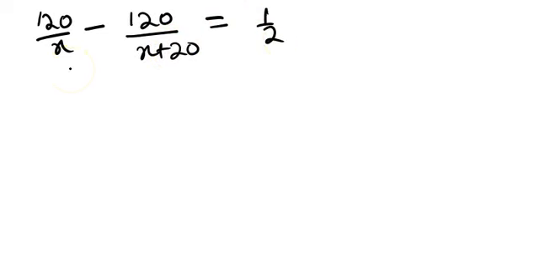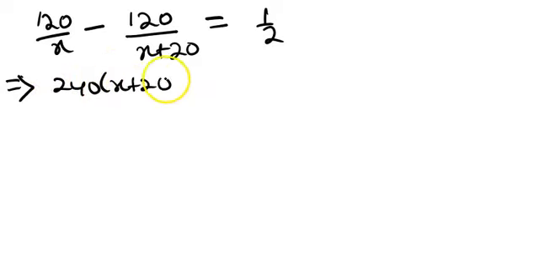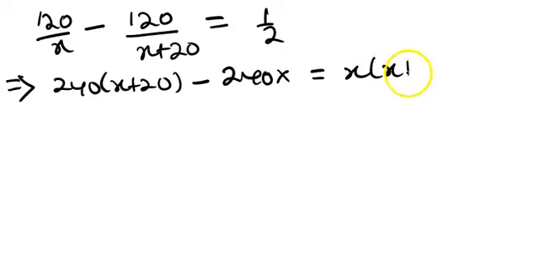Okay. So we can cross multiply, clear the fraction. So that will be 240 times x plus 20 minus 240x is equal to x times x plus 20.